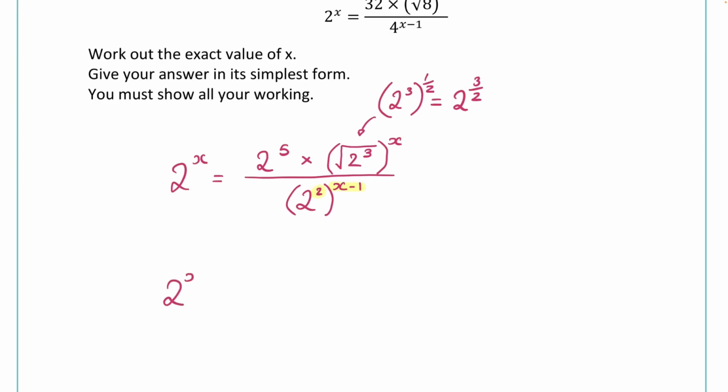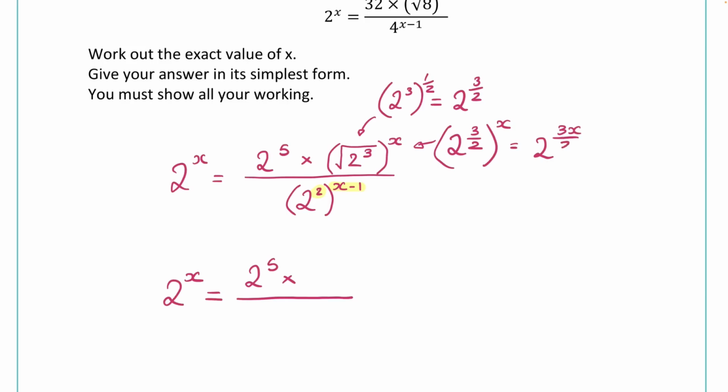So 2 to the power of x equals 2 to the power of 5 multiplied by, and before we rewrite it, to save ourselves having to rewrite this again, let's just work this bit out on the top, because now we have 2 to the power of 3 over 2, all to the power of x, and that is going to be equal to 2 to the power of 3x over 2. And there we go, that's the bit that we now have on the top.